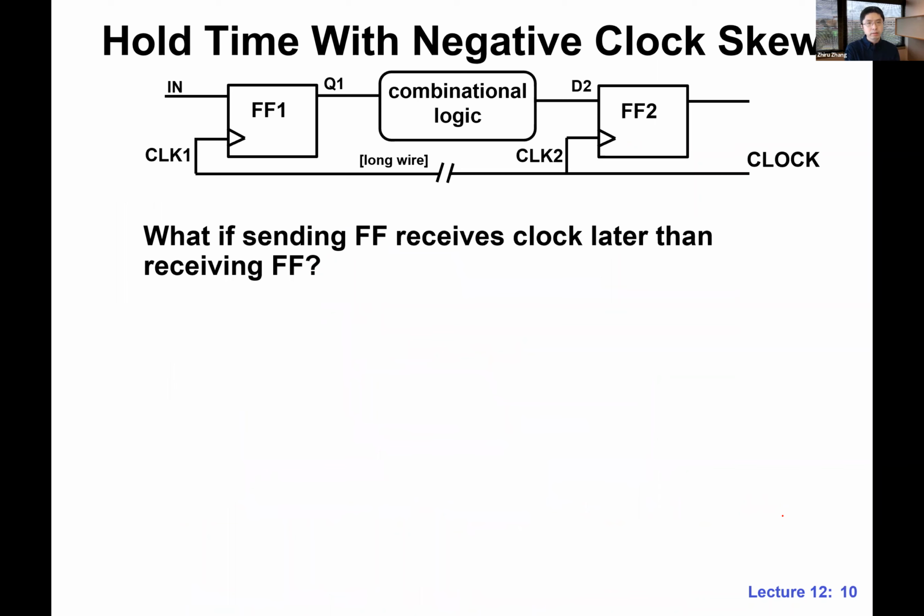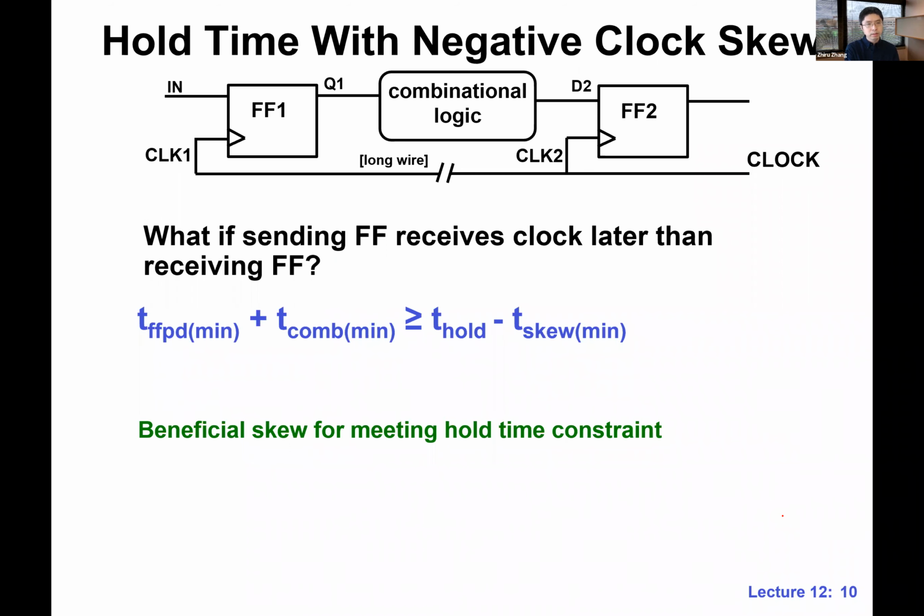All right, so negative clock skew, I don't even need to show you the waveform. Hopefully this is clear enough. This is beneficial because now this sending flop, which is FF1, is seeing the clock later than FF2. With that, we have a negative skew here.